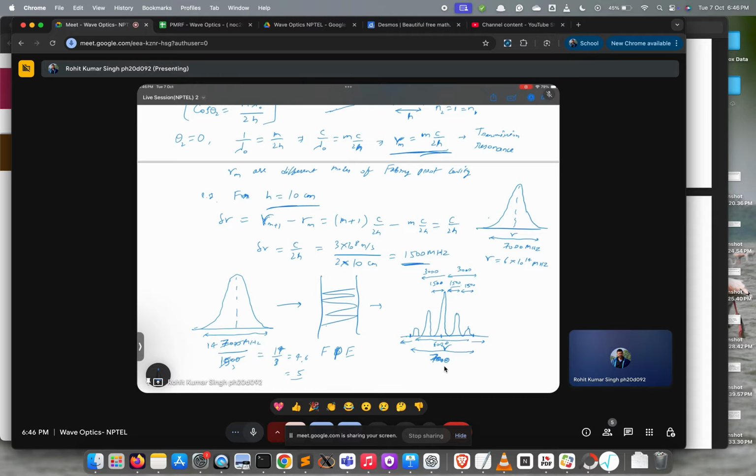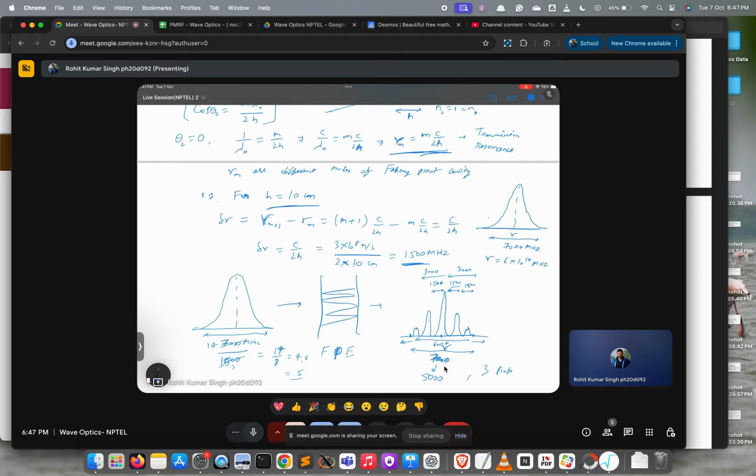So the peak to peak of this last mode is 6000 megahertz, but you have 7000 megahertz. If it would have been 5000 megahertz instead of 7000 megahertz, then you would have got only 3 peaks. So you have to check it properly. Did you get an idea?